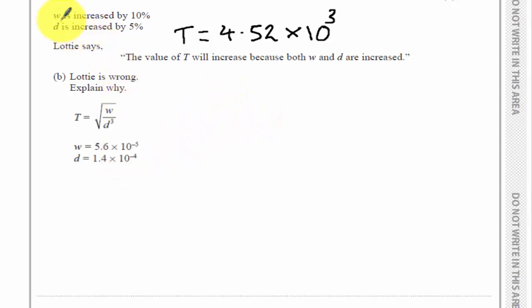So let's have a look. W is increased by 10%. So here's my value of W copied from part 1, and I'm going to times it by 1.10, 1.1 to increase it by 10%.